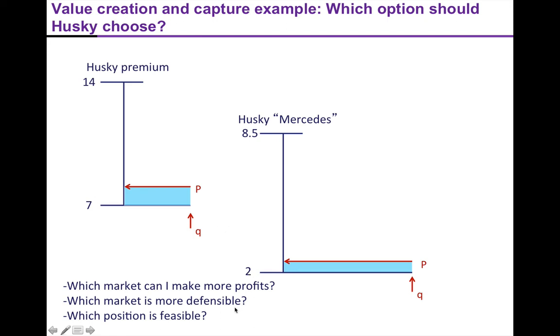The third assessment is which position is feasible. So remember, strategy is the sum total of a set of strategic choices that firms make to achieve a position. If I have to fundamentally undo many of my choices here, I might end up breaking my entire model rather than just moving from one position to another.